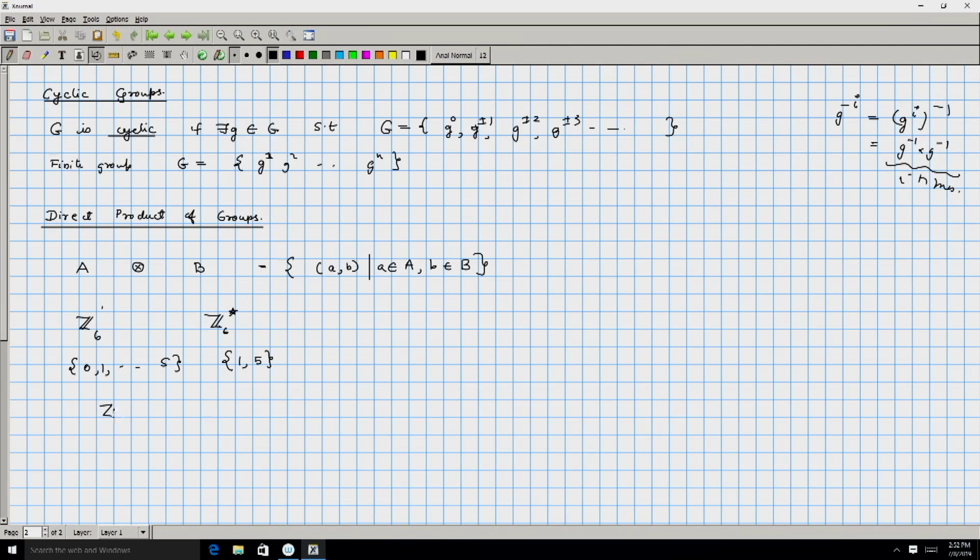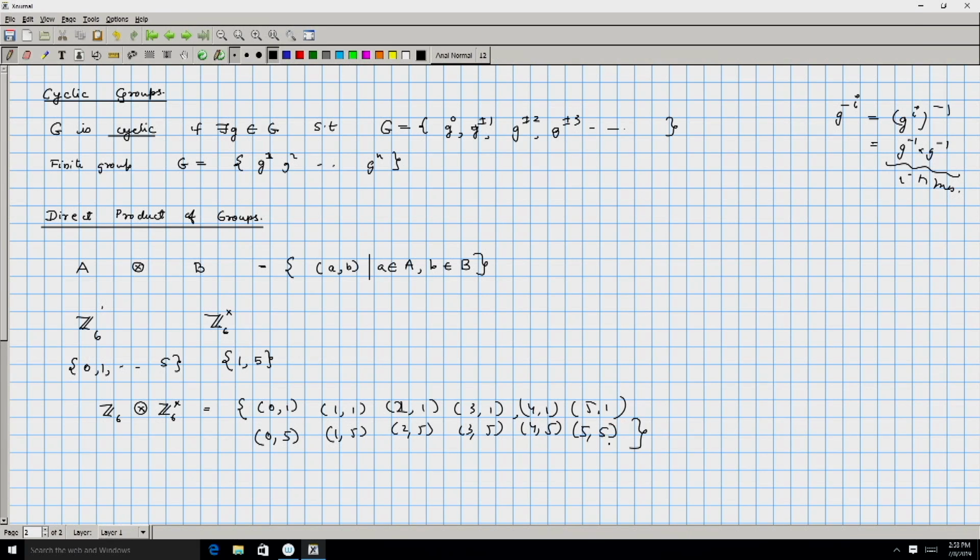So, Z6 direct product Z6 star, under addition in the first coordinate and multiplication in the second, is going to consist of 12 elements, namely (0,1), (1,1), (2,1), (3,1), (4,1), (5,1) and (0,5), (1,5), (2,5), (3,5), (4,5) and (5,5).